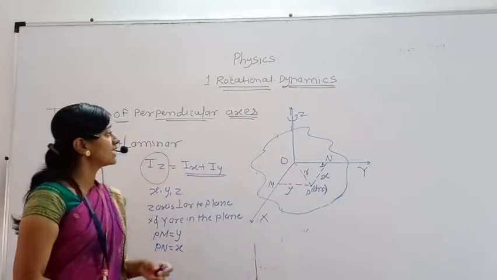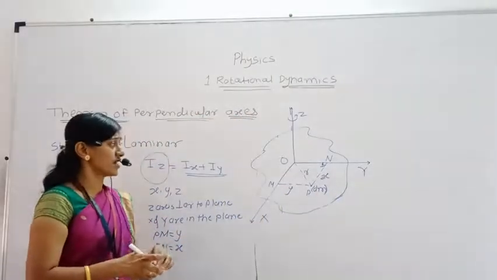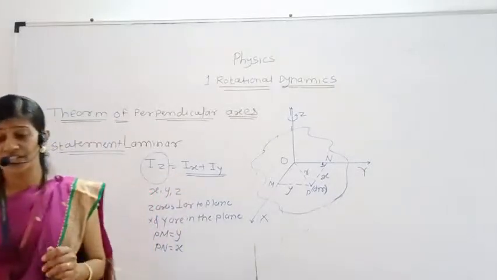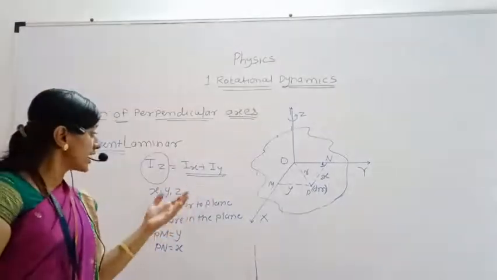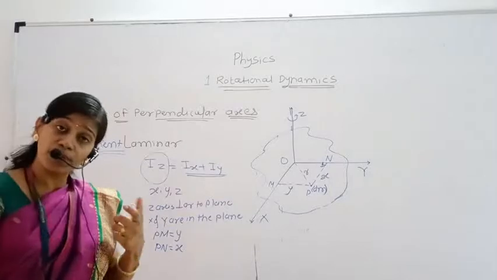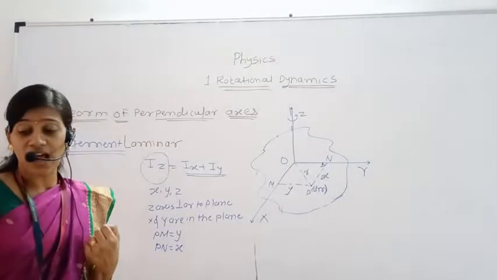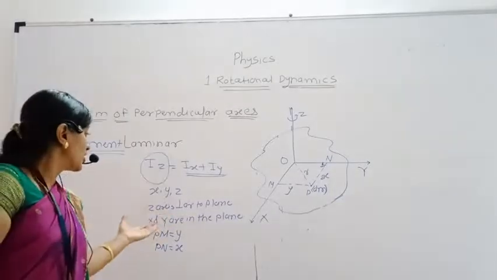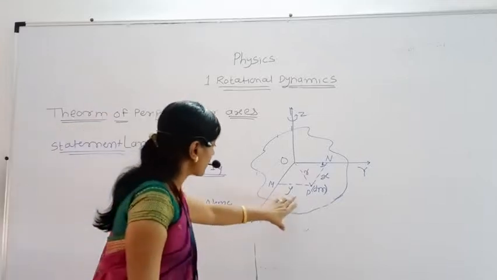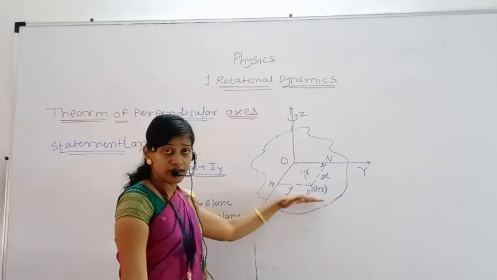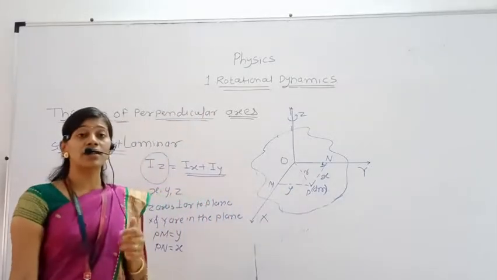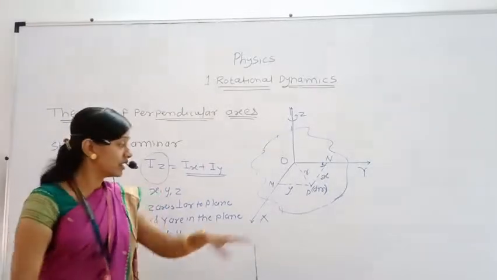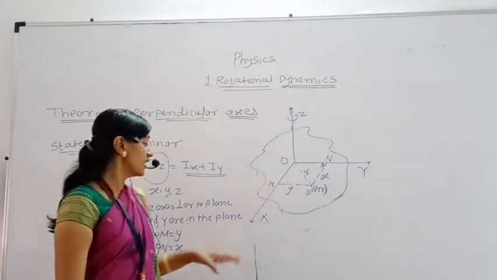Z is an axis which is perpendicular to the plane. X and Y are both mutually perpendicular to each other and present in the plane. Now we draw perpendiculars from point P, where the element having the mass dm is situated. So we are getting all this.